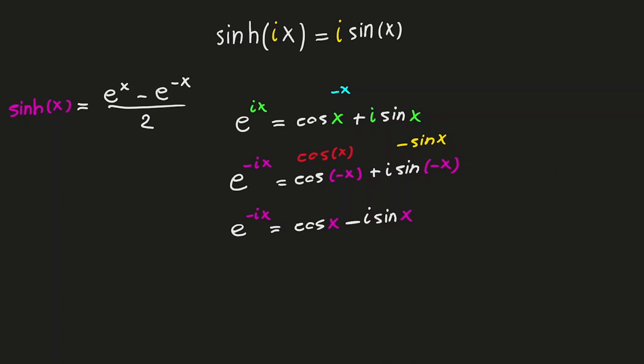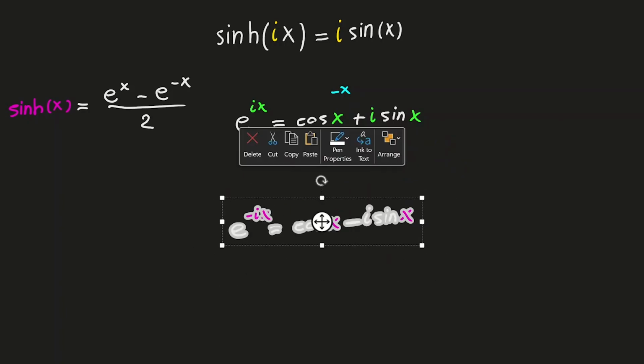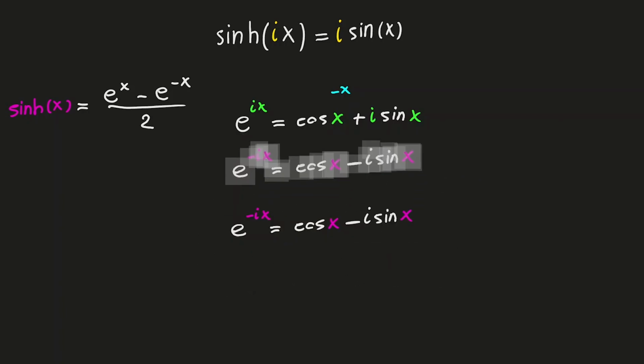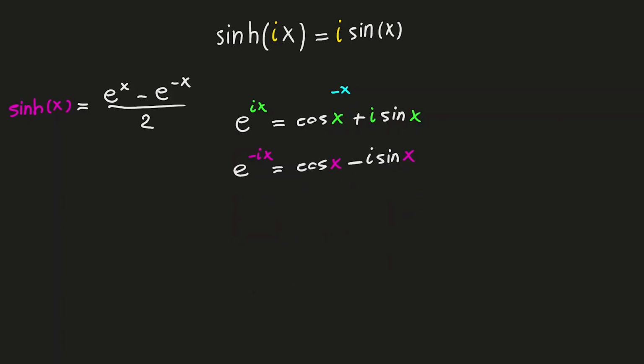Now we can get rid of this equation in the middle, because we don't care about it for the time being, and we can move this equation up so you can see the difference between the two equations, the one containing x and the one containing minus x.